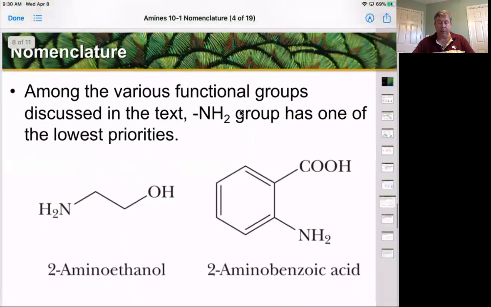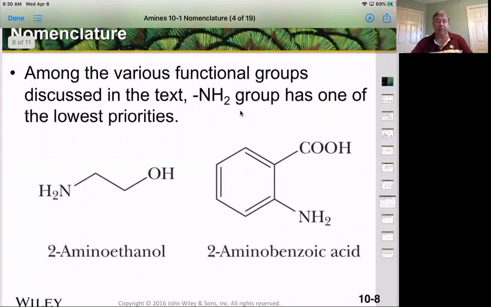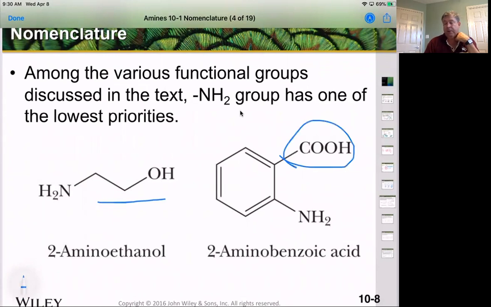Okay, so if we have multiple functional groups here, then amine is typically lower priority. So in the case of an alcohol, the alcohol takes priority, or the carboxylic acid would take priority. And so the amine group becomes a substituent.